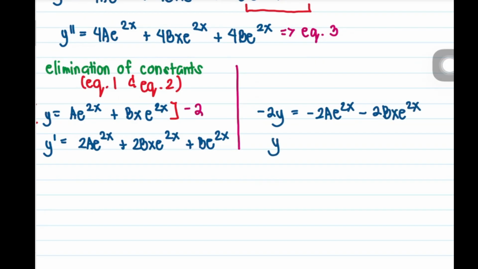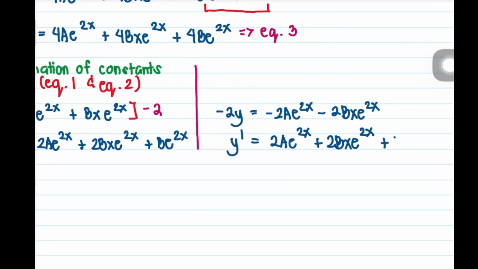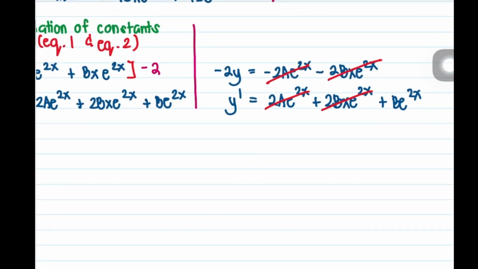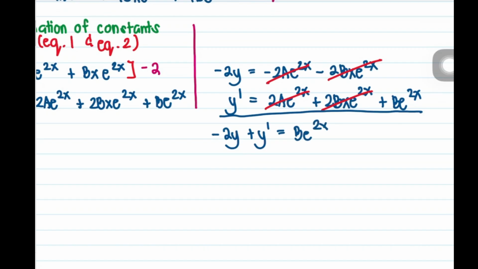Then this one will be y prime equivalent to 2ae raised to 2x plus 2bx e raised to 2x plus be raised to the 2x. So we can see that we can cancel this one, this one, this one, and this one. So we're just left with negative 2y plus y prime is equivalent to be raised to 2x.